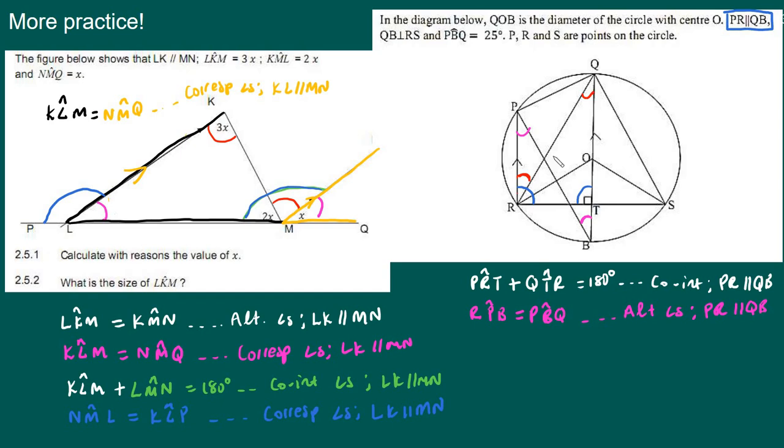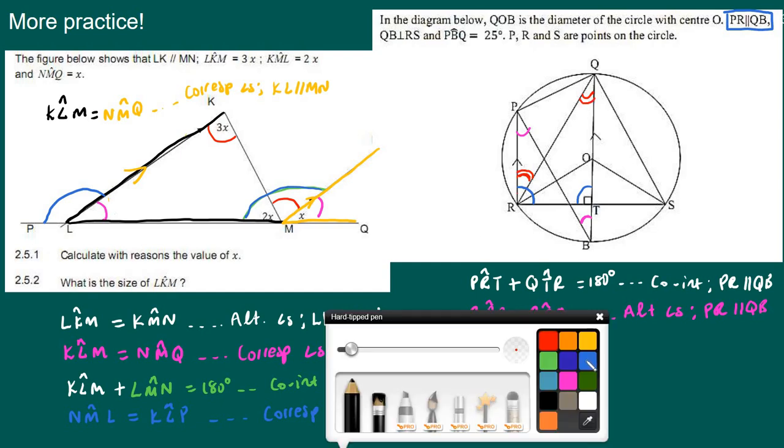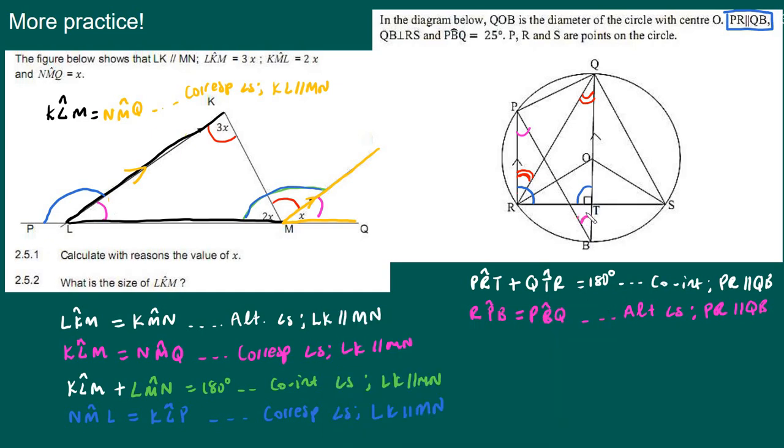Good. Can I do this, guys? For those that are equal, can I put double lines, and then for the co-interior angles, can I just put single lines, so that we differentiate between the equal ones and those that add up to 180? Can that be our little secret? Is that okay?